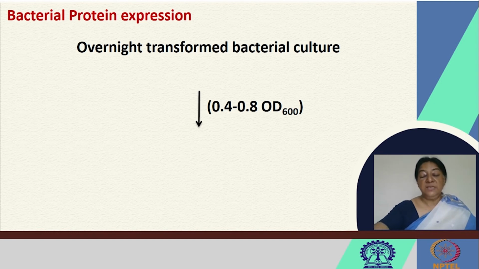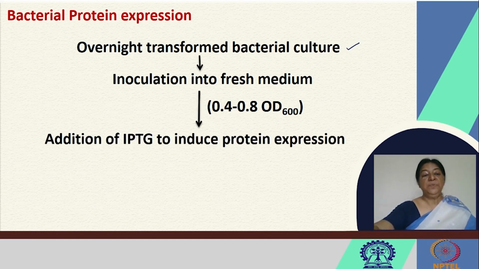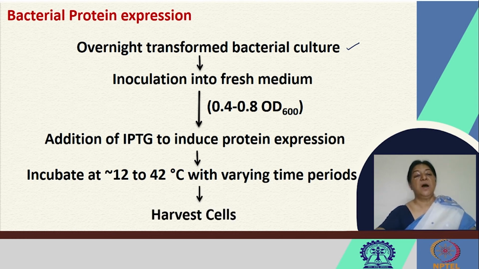If we look at bacterial protein expression, we have an overnight transformation of the bacterial culture, the inoculation into fresh medium, and the addition of IPTG to induce protein expression. We will see how that is performed. The incubation then takes place from 12 to 42 degrees centigrade with varying time periods, following which we can harvest the cells that now have our protein of interest.